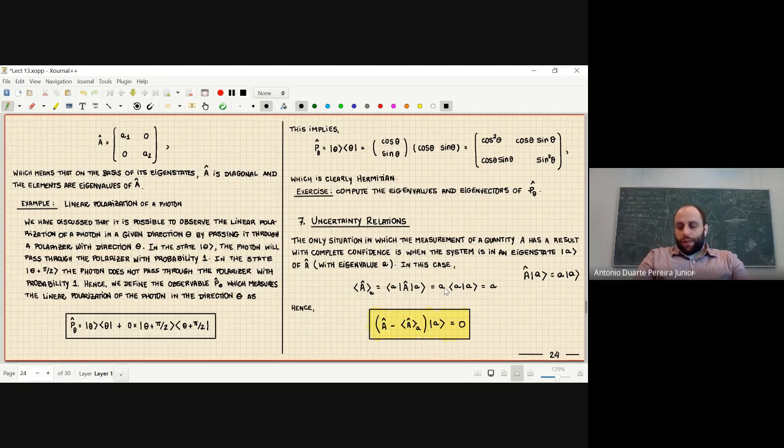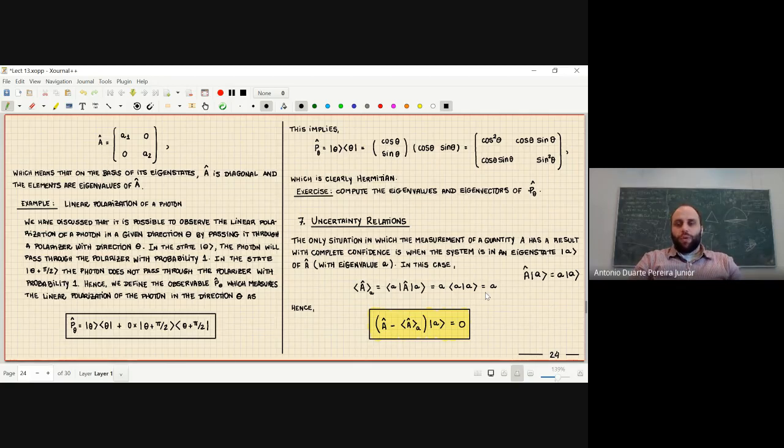Now I have a number times the scalar product ⟨a|a⟩. But since this is a state, by postulate 1 of quantum mechanics, this must be normalized. So this is 1. So the expectation value is just a. This is just an obvious thing that says the following.